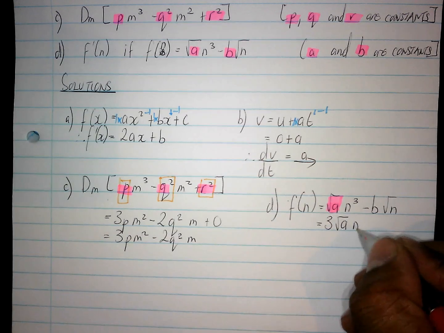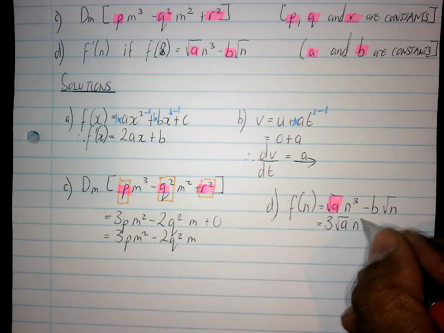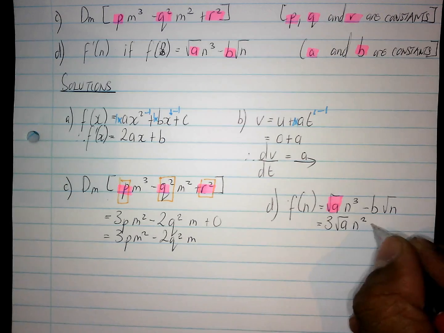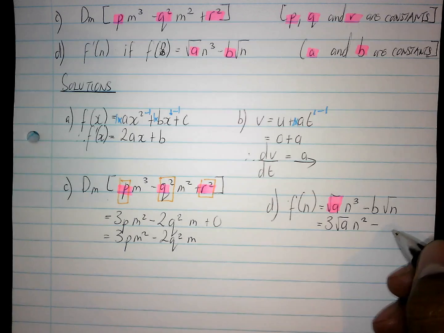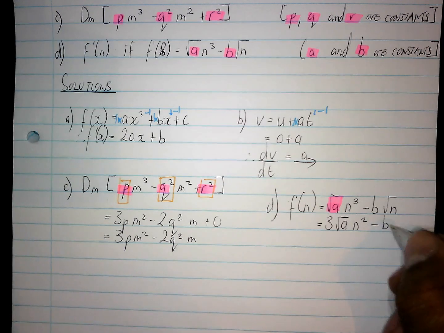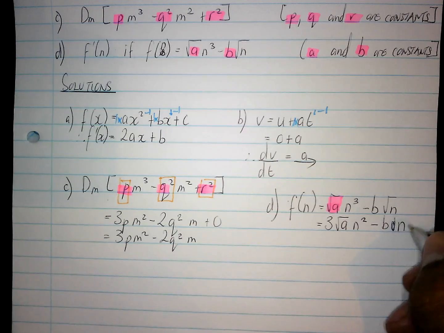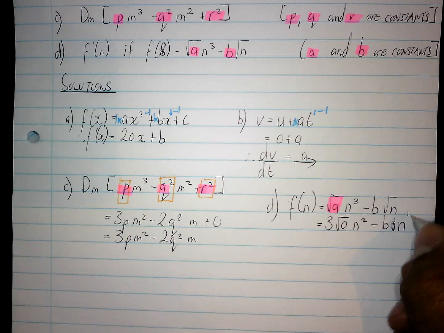Then here we have 3 minus 1, which gives us 2. Then here this is going to be our variable, and b is our constant value. So this can be expressed as n to the power 1 over 2.